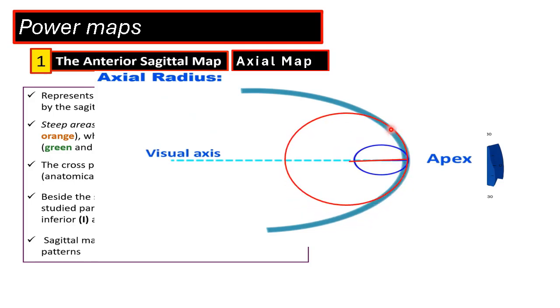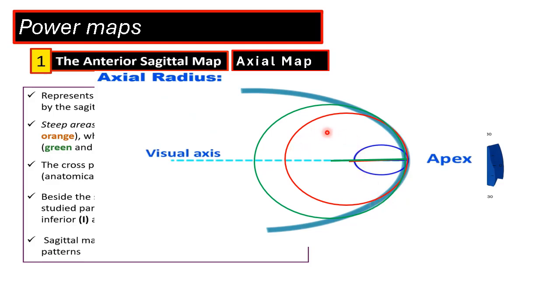Similarly, for any other point in the cornea, the same thing: they utilize the same visual axis as a reference, so that the radius of curvature is measured, and accordingly we determine the power of that point.